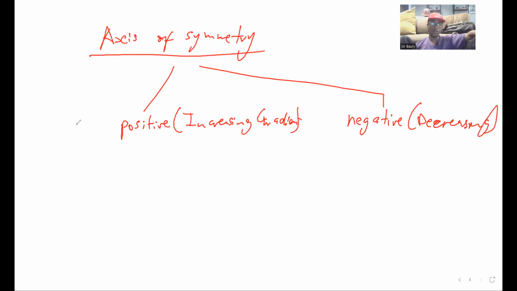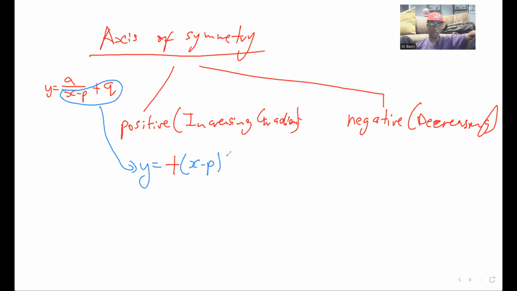For the positive gradient, from y is equal to a over x minus p plus q, you take this whole thing, so it's going to be y is equal to positive x minus p plus q. And here, the negative is y is equal to negative x minus p plus q.